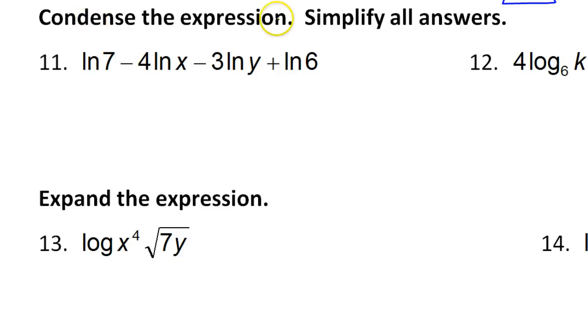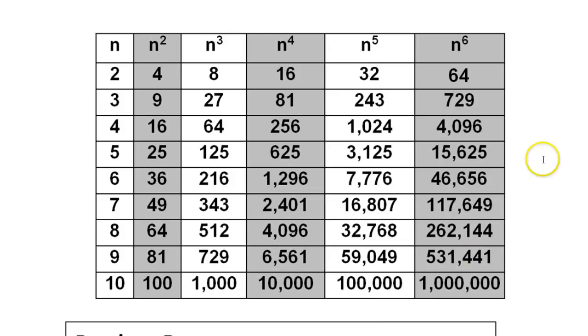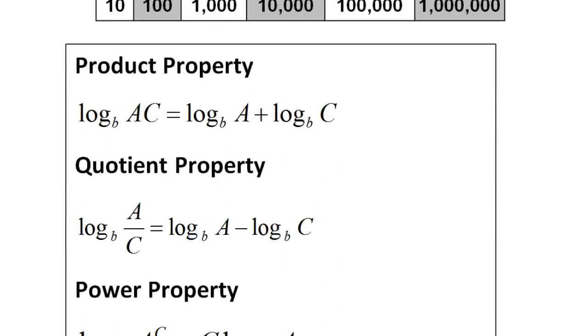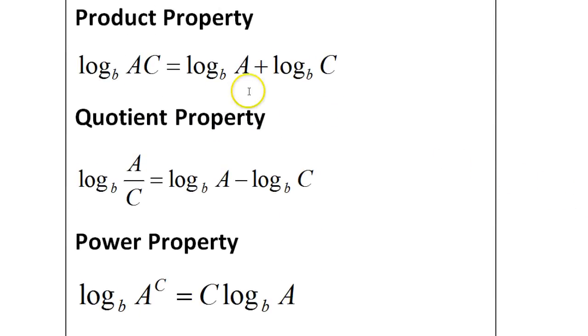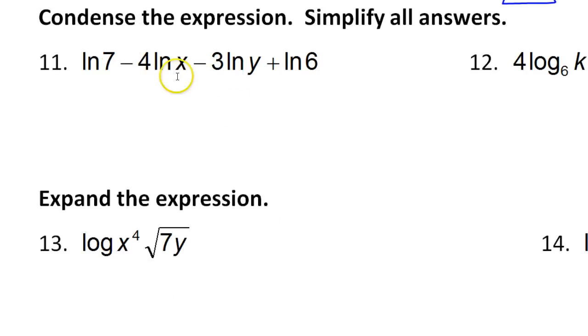Okay, condensing expressions. So we're going to be using our properties of logarithms. And condensing means we're going to go from this form to this form. Now, for this problem, you see the minuses and the plus.